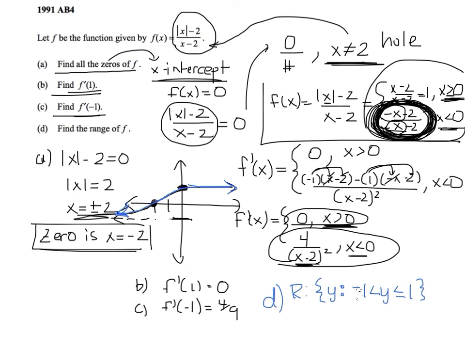Or if you like the interval notation better, you could say the range would be from -1 parentheses, because you don't include the -1 because that's a horizontal asymptote, to 1 closed. And there's your range for this function.